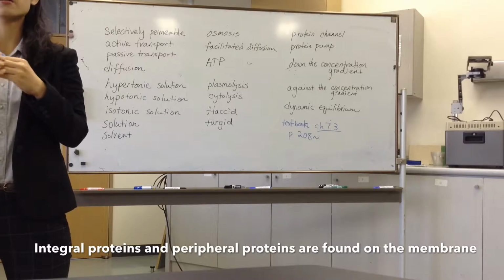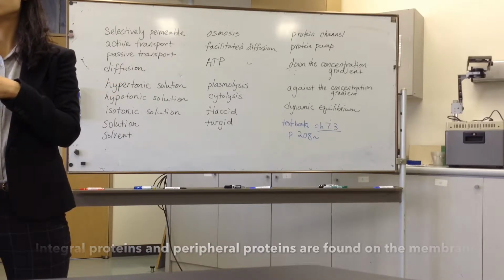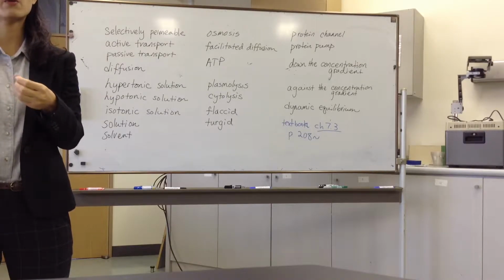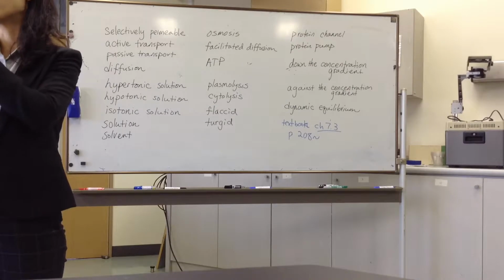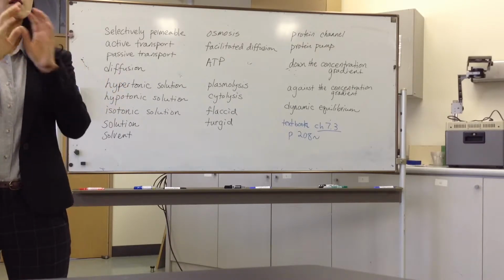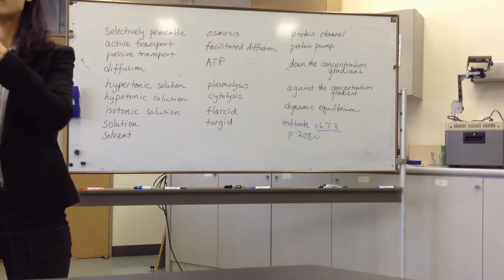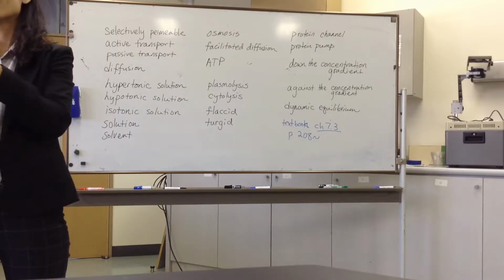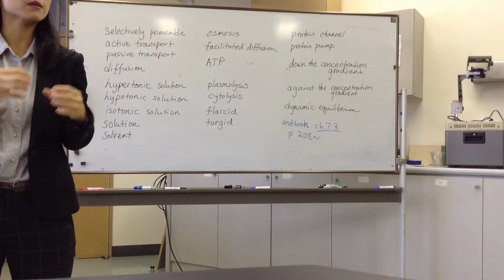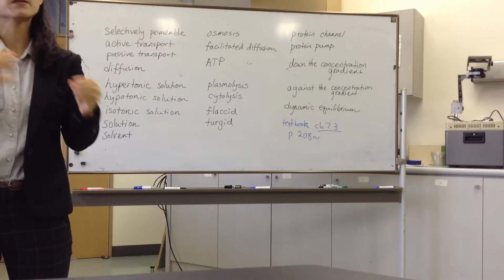Now, what do you think are the difference between channels and pumps? Oh, they are all transport proteins. They help transport things from one side to the other. Okay, but we can look at channel transport proteins or pump transport proteins. Now the word pump indicates that it's actively pumping something, so actively, like it uses energy to pump something.